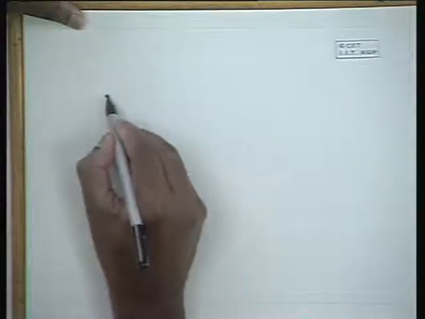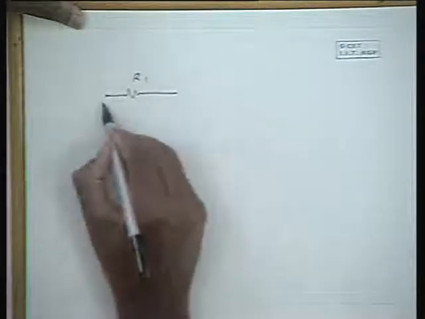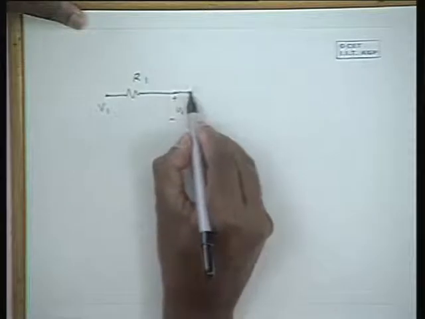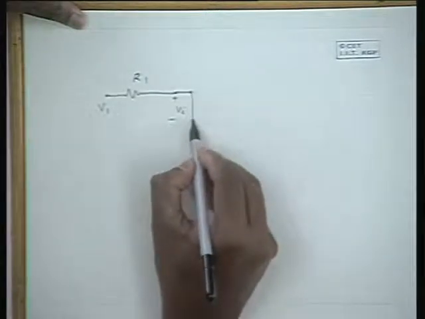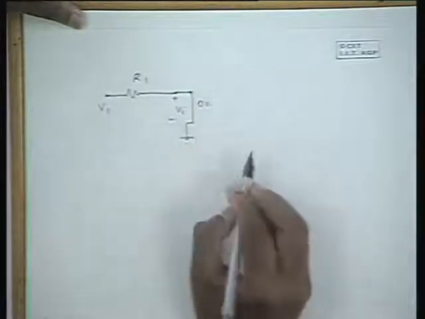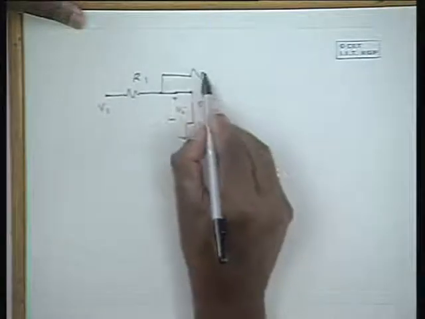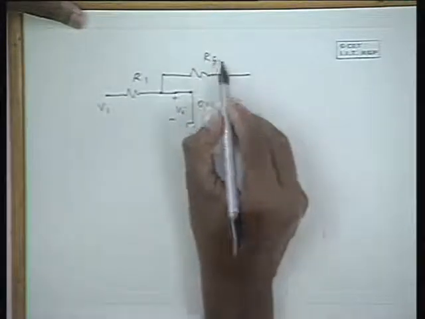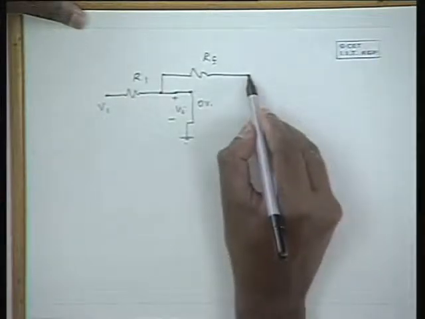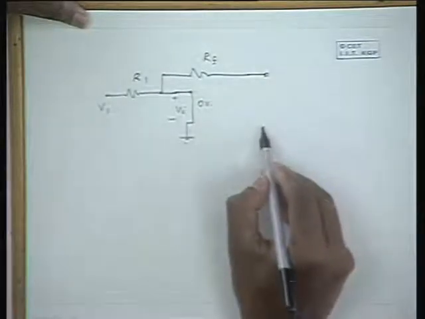So please note that this is R1, and this is V1, and this is Vi, and Vi now, because it is a virtual short to the ground, is at 0 volts approximately, and you have the feedback resistance here, Rf, and you have the output potential here.